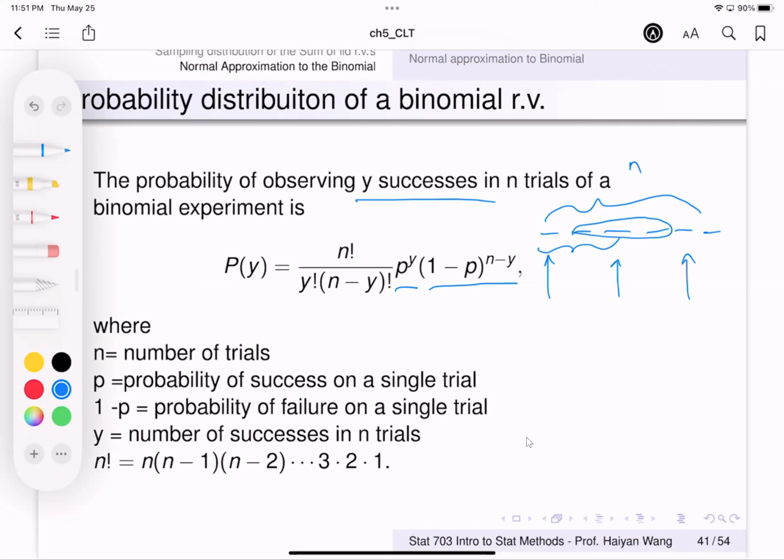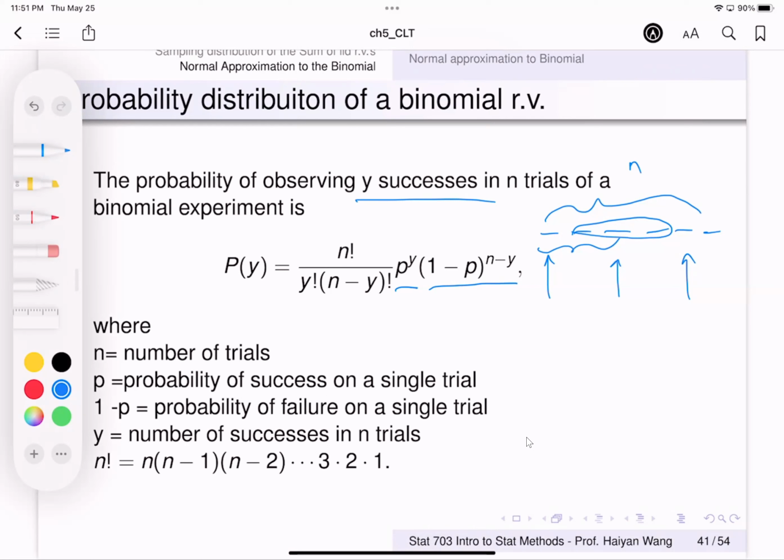So selecting 3 out of n, as long as we have 3 of those being successes, all of those will give us the same probability. That's why here we have n choose y. That's the number of combinations of choosing y out of n of these trials to have the success. So this is the binomial probability.